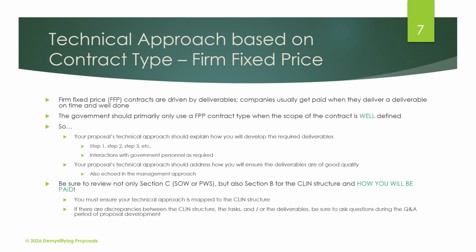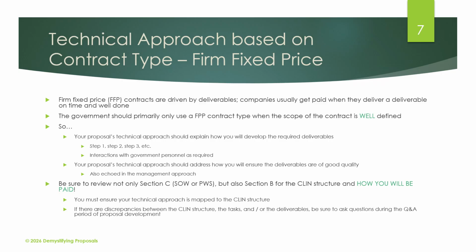So when you're writing a technical approach for a firm fixed price contract, that firm fixed price contract is driven by deliverables. Companies usually get paid when they deliver a deliverable on time and well done. So the government will primarily use an FFP contract type when the scope of the contract is well defined.